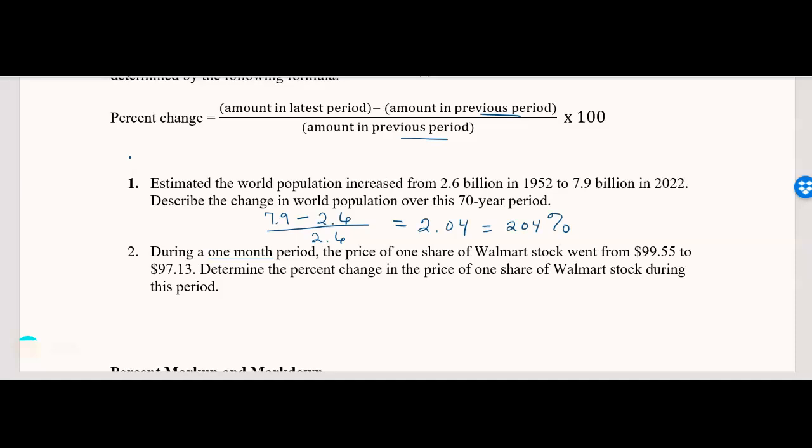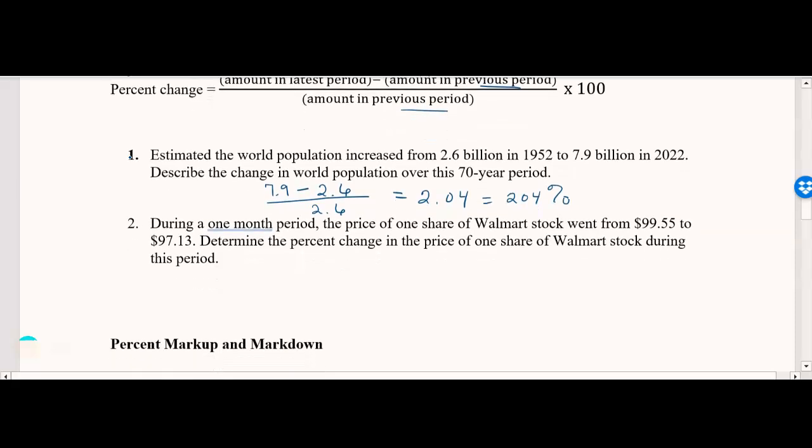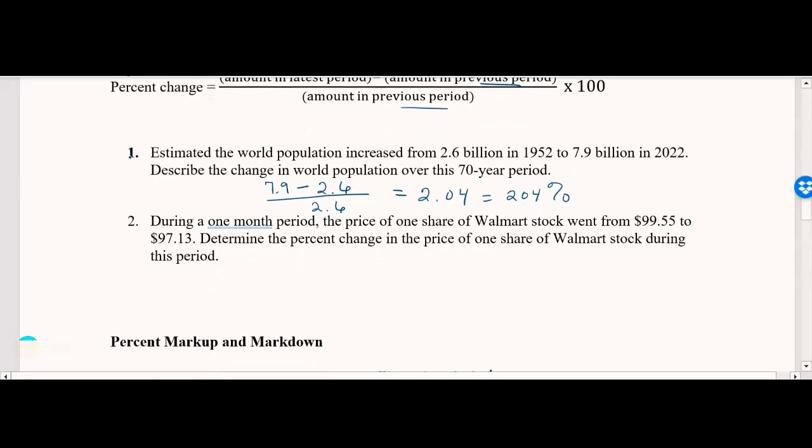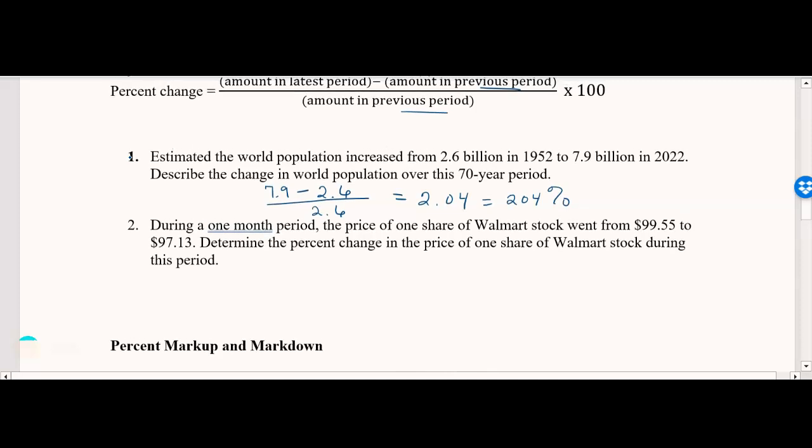During a 1-month period, the price of 1 share of Walmart stock went from $99.55 to $97.13. Determine the percent change in the price of 1 share of Walmart stock during this period.